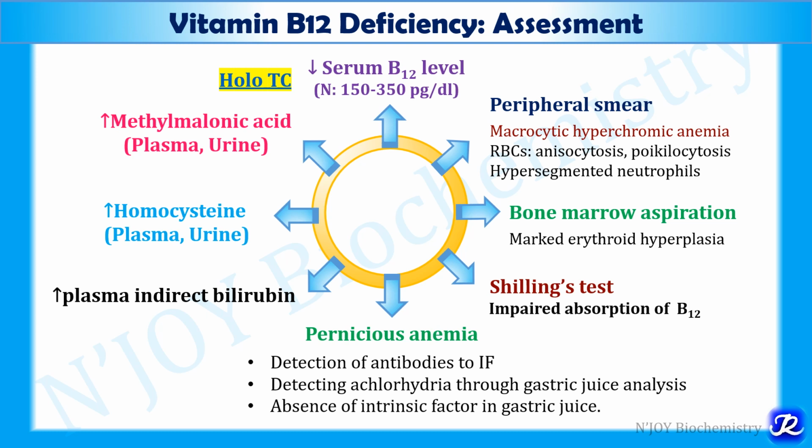However, in patients with pernicious anemia, less than 5% of radioactivity is detected in the urine, but nowadays this test is not done. Now the best method for assessment of vitamin B12 deficiency is estimation of holotranscobalamin as well as methylmalonic acid in plasma and urine.